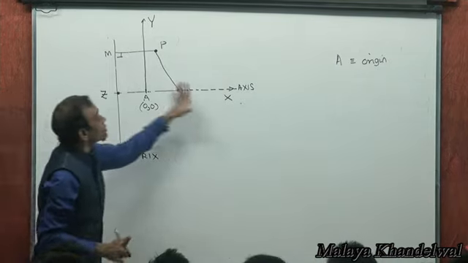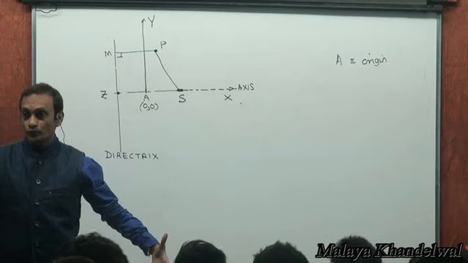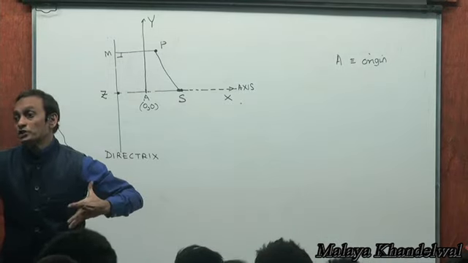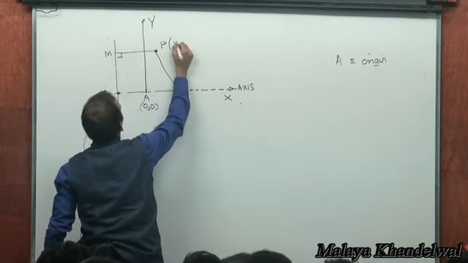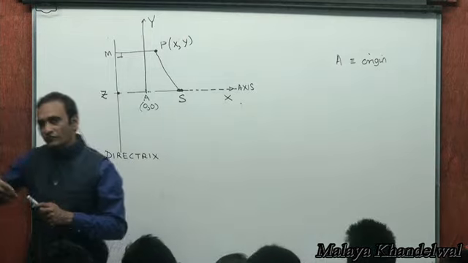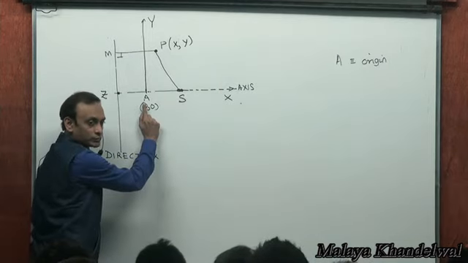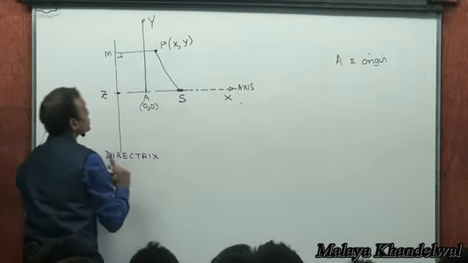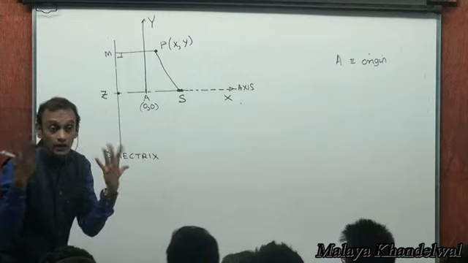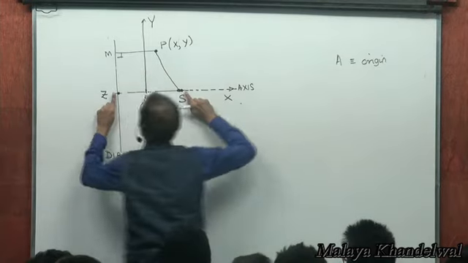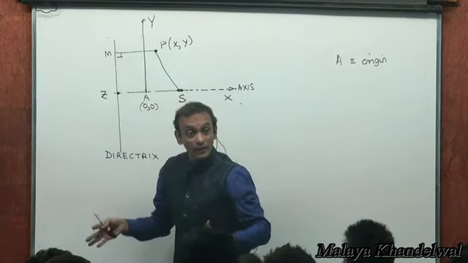Now with this description of our coordinate system and the origin, we are geared to give the description of P a form. The moving point P now has coordinates x comma y, different for different instants. And A is the midpoint. Realize that the distance between S and the directrix is a property of the parabola, because this will be fixed: fixed directrix, fixed focus, so SZ will be a property of the parabola.